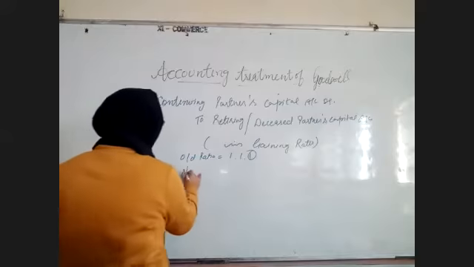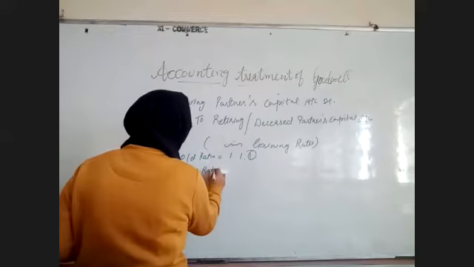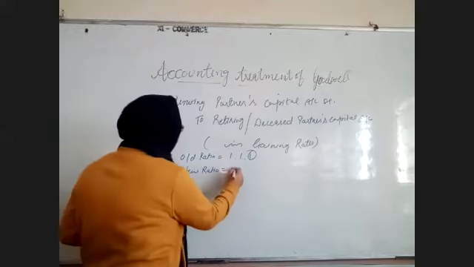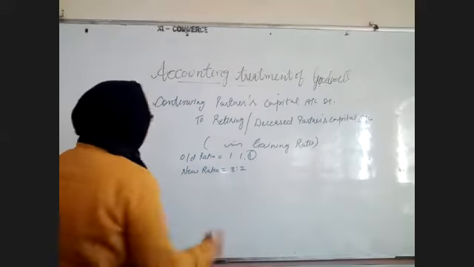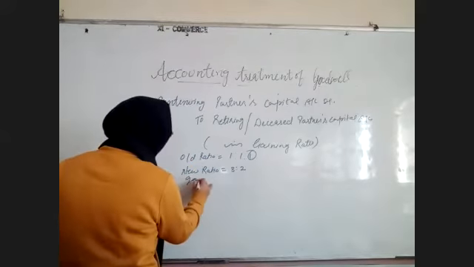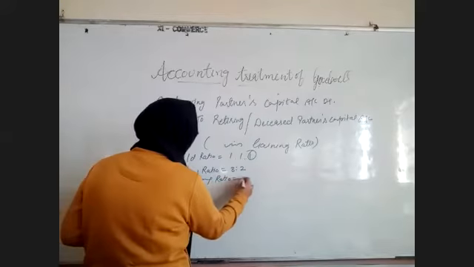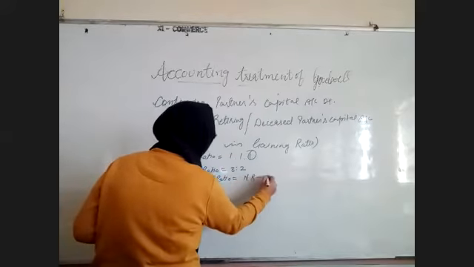So new ratio of P and Q is 3:2. Okay. So we will calculate gaining ratio. Gaining ratio is equal to new ratio minus old ratio.